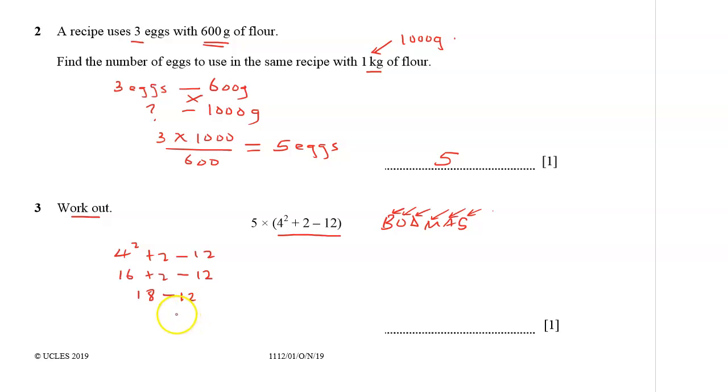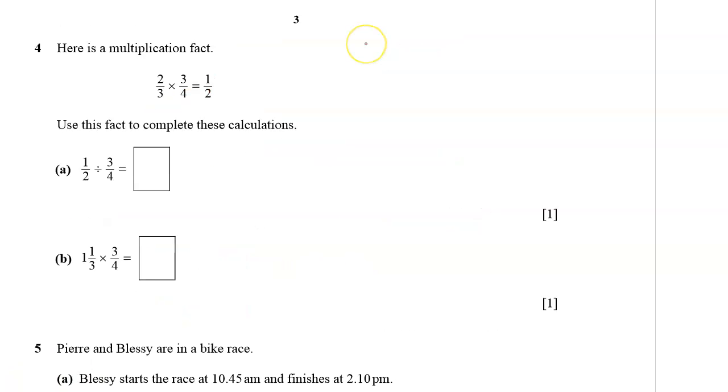And what you get here is 6. So basically now you have your 5. The whole of these brackets works out to 6. And when you multiply 6 times 5, you get 30. That is the answer. Let's proceed to number 4.